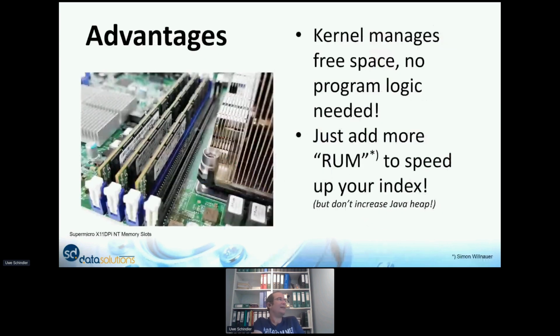So we don't need any program logic. The only thing where you can help the kernel a little bit is to add more physical memory to your hardware, so it has more space to place all those paged slices of disk space into your main memory.